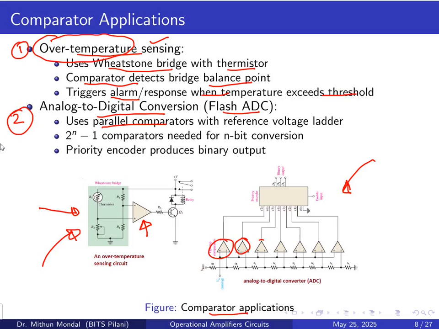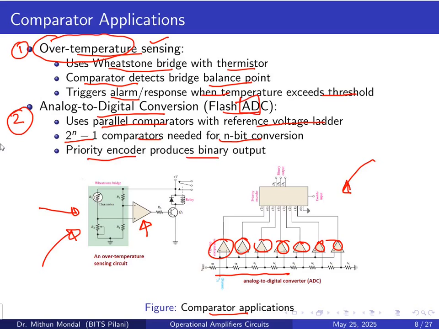You can see a lot of ADCs are formed by connecting the op-amps in parallel with a reference voltage ladder. So you have the resistors which are connected in the form of a ladder network, and there will be 2 to the power n minus 1 comparators needed for n bit conversion, because we are going with analog to digital.